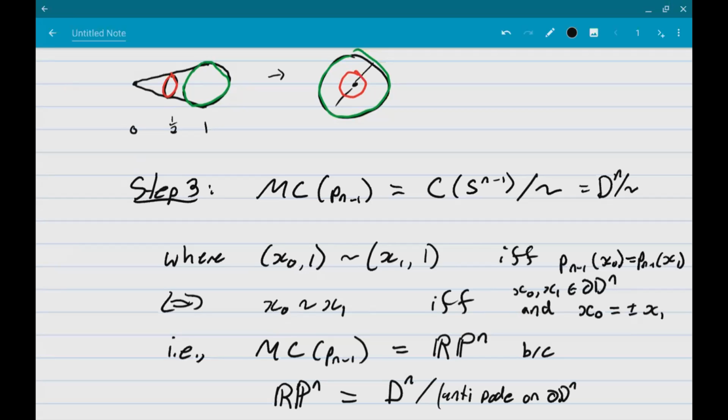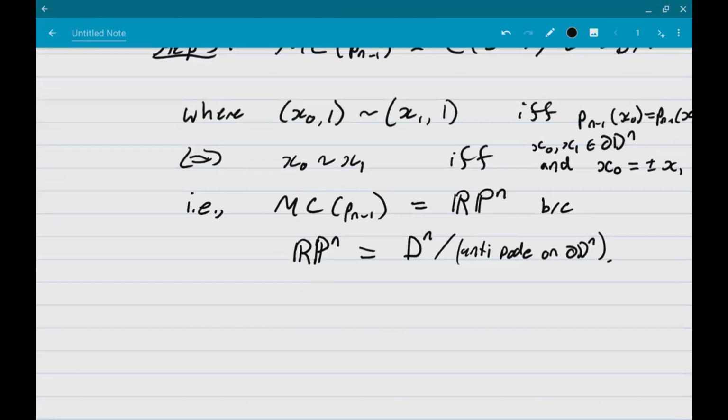That's another equivalent characterization for RP^n.